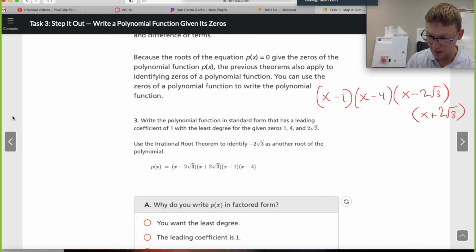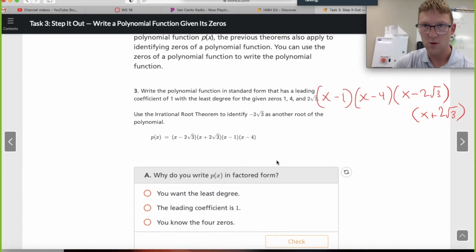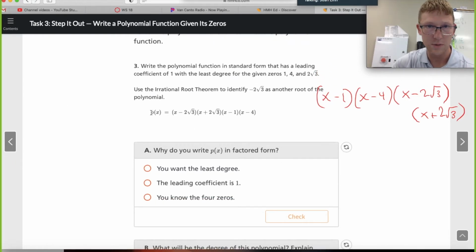So that is the conjugate. So these two are conjugates. So that's our start. That's where we get this part from.